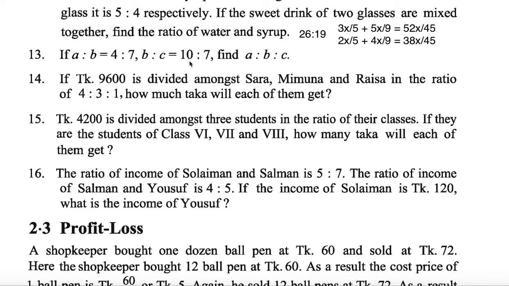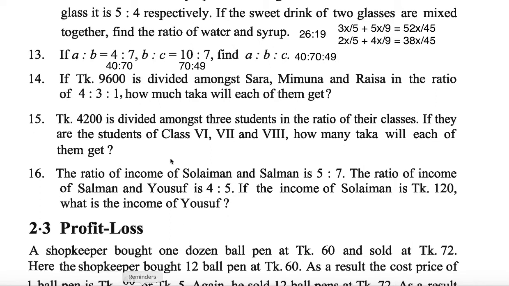The B quantity must be equal, right? 4 by 7 multiplied with 10, 7 multiplied with 7. 40 is to 70 is to 49. Yes, that is the answer.